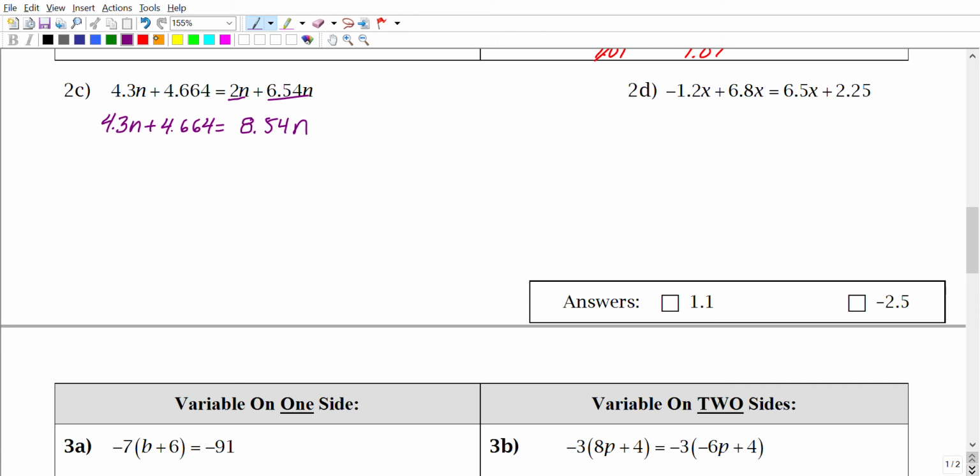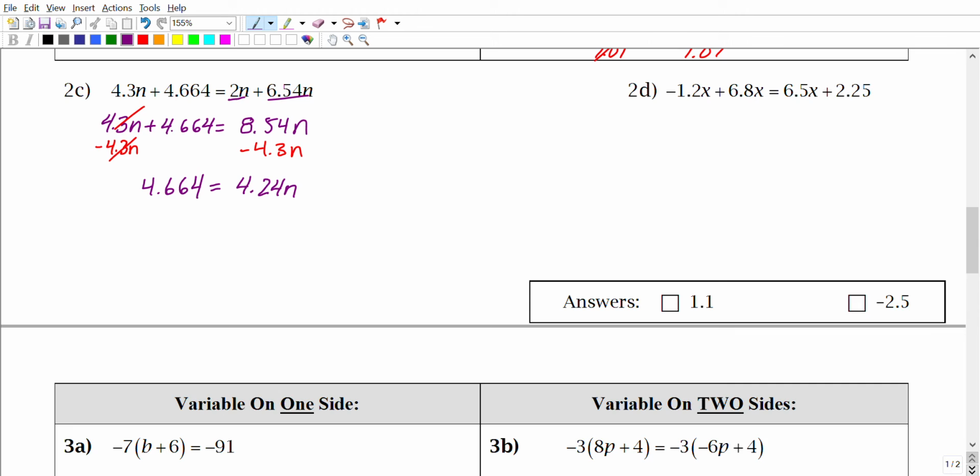Now I get the variable term on one side. I'm going to move the smaller term. So I'm going to subtract it from both sides. And I get 4.664 equals, what do I get here? 8.54 minus 4.3, that's 4.24n.